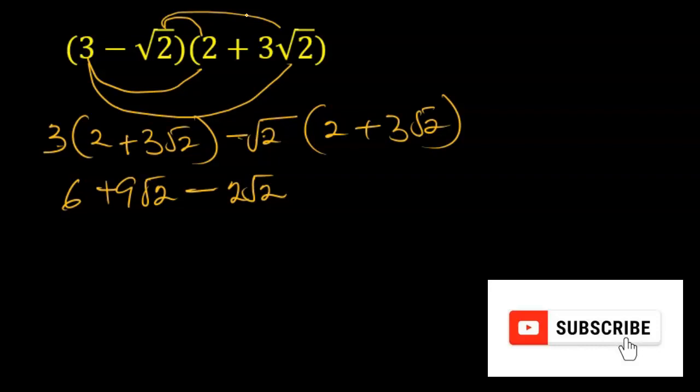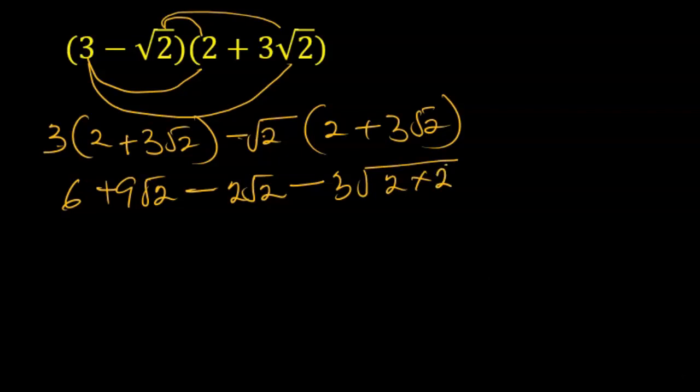Now, the minus times the positive becomes negative, and root 2 times root 2 with the 3 becomes minus 3 root 4. So that's 6 plus 9 root 2 minus 2 root 2, that becomes plus 7 root 2, minus 3 root 4.